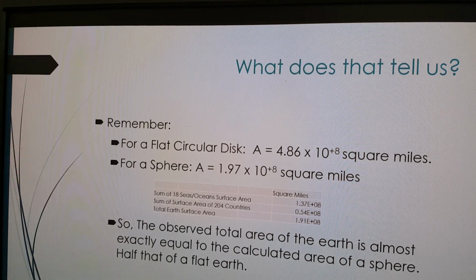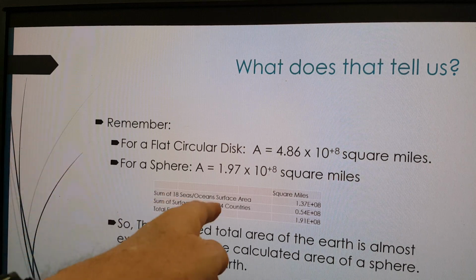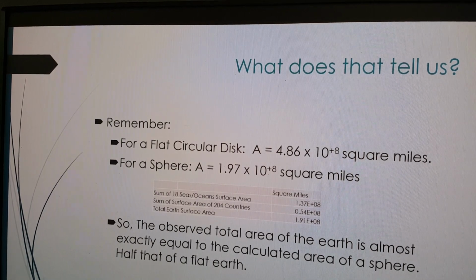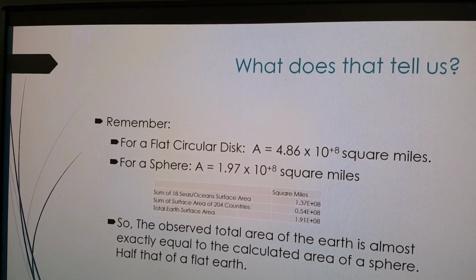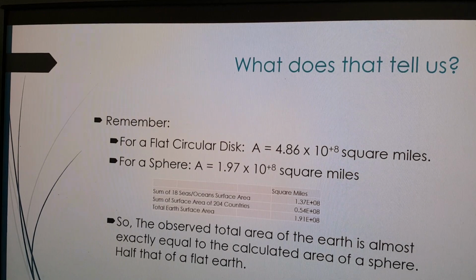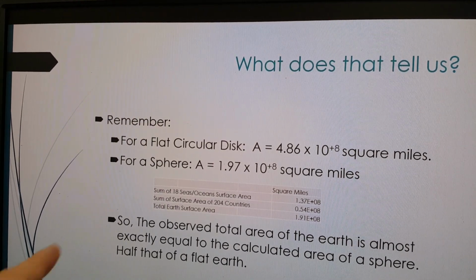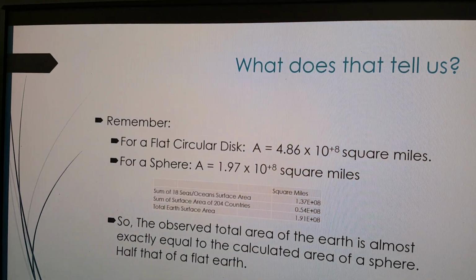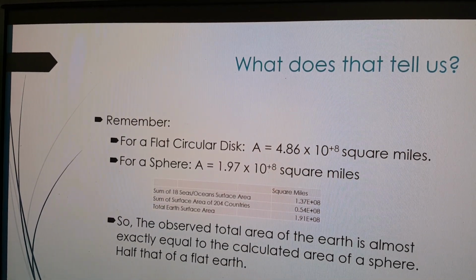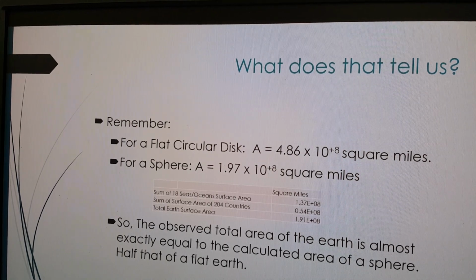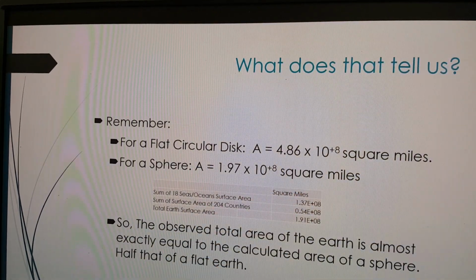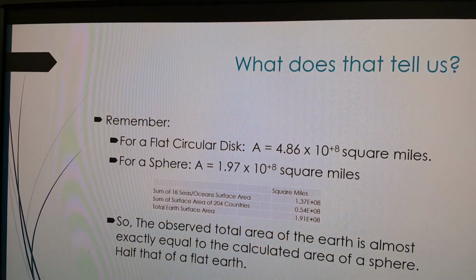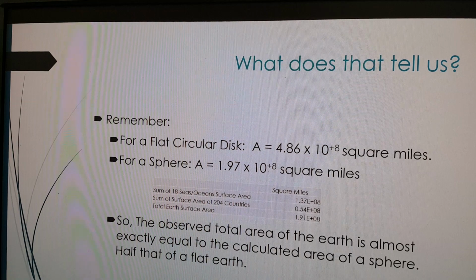Remember, I added up the 18 seas and oceans, all of those, and I got 1.37 times 10 to the 8 square miles. The sum of the surface area of the 205 areas is 0.54 times 10 to the 8. So if I add those together, I get 1.91 times 10 to the 8 square miles.